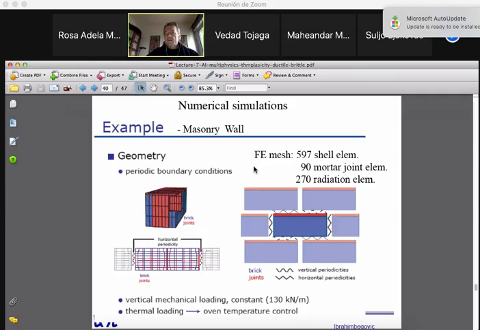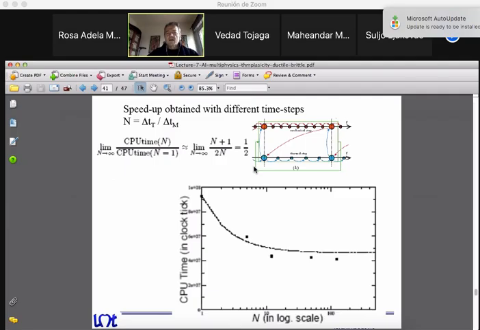And also, if you do it now with the different time steps, you can really have a big speed up of the computation. Basically, having this, you can cut the computation time in half. This is one big thermal step with also small mechanical steps, and this allows you, the ratio of these two being very large, to cut computational cost in half.